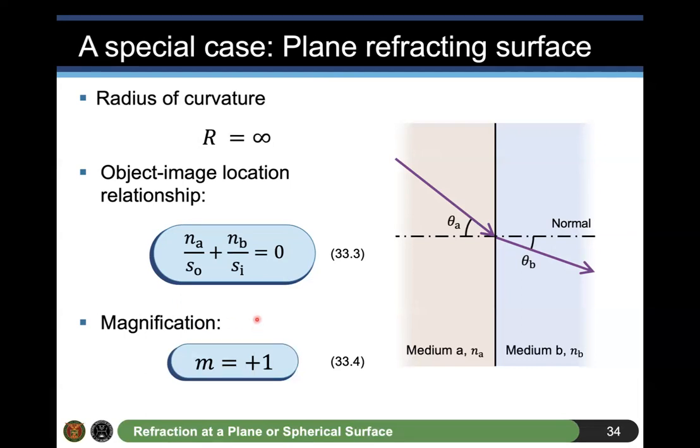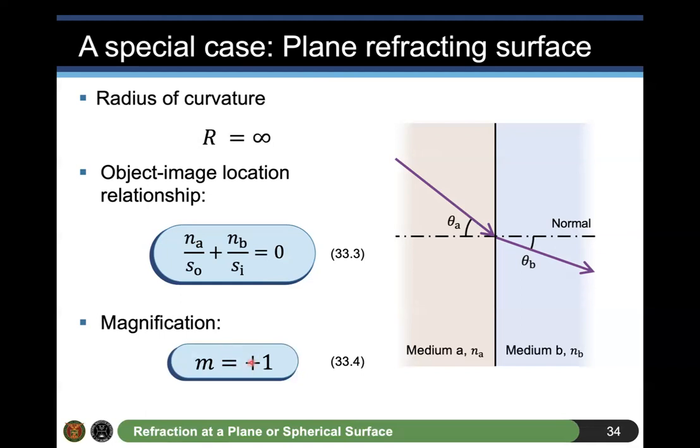This time, S naught is no longer equal to negative SI. That is only true for a reflecting plane surface. For refracting, the indices of refraction now matter. And the magnification will always be +1. This is true for any plane surface, reflecting or refracting: the magnification M is always +1. I hope you tried the straw in the water.